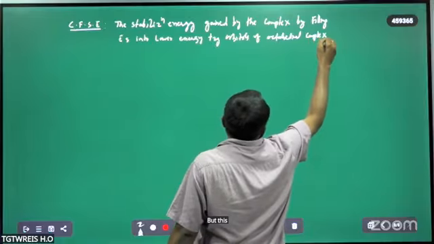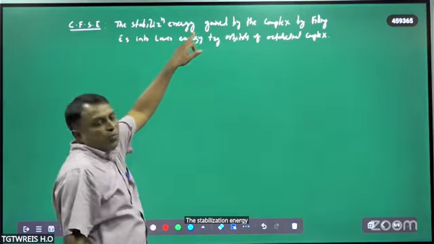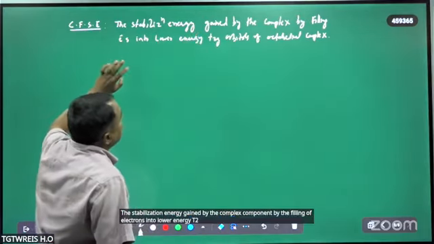So this is the CFSE: the stabilization energy gained by the complex compound by the filling of electrons into lower energy t2g orbitals of octahedral complexes.